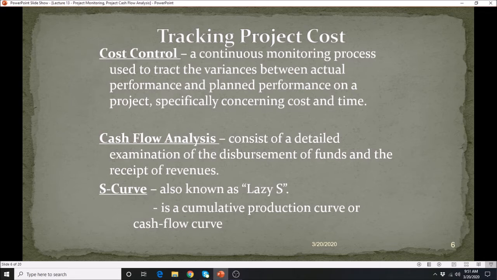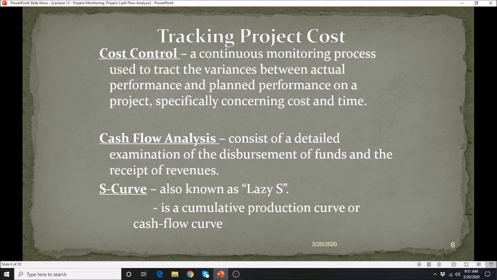So with that, we will be comparing the baseline, which is actually the estimate that we developed at the beginning, and the actual cost that we're spending at every given time during construction. So we compare those two and we look at the variance or the disparity of those costs, and that will give us a warning if there are great deviations or variations on those costs, for us to be able to examine and look at what's going on in the project.